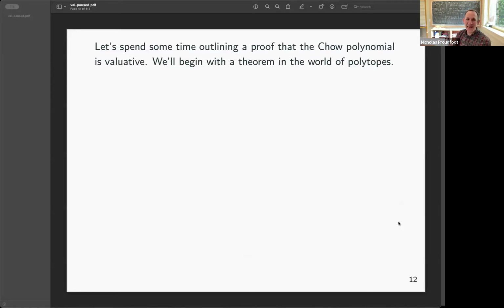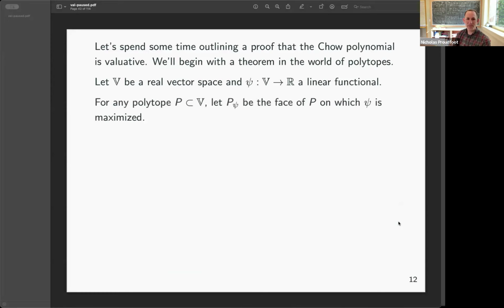All right, so what I want to do now is spend some time outlining a proof that the Chow polynomial is valuative. So for this proof, it's a statement about matroids, but I want to go back to the world of polytopes. So suppose I have a real vector space and I have a linear functional on that vector space, psi.